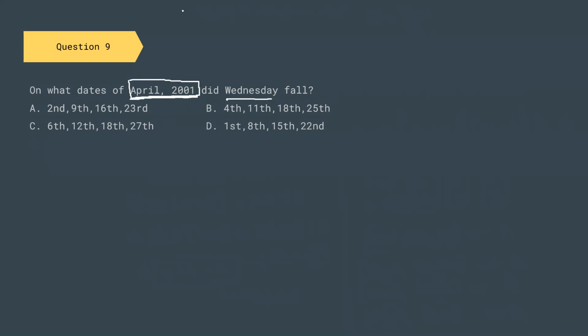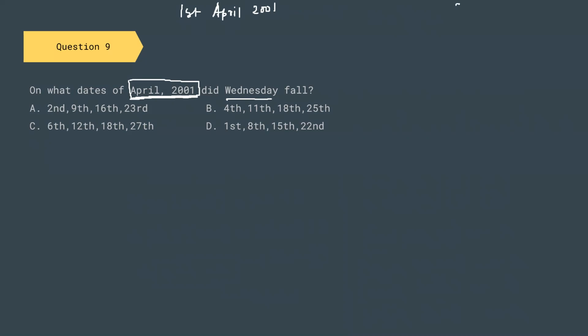So what we can do is find out the day on 1st April 2001 and then check accordingly on which days Wednesday will fall. Anyways, we can start with our question.